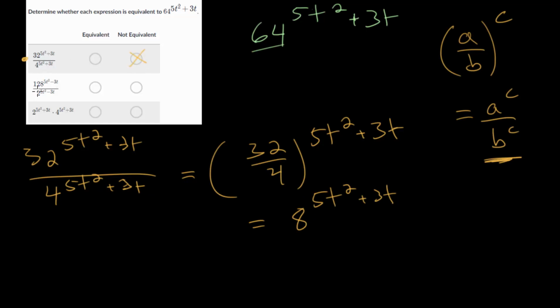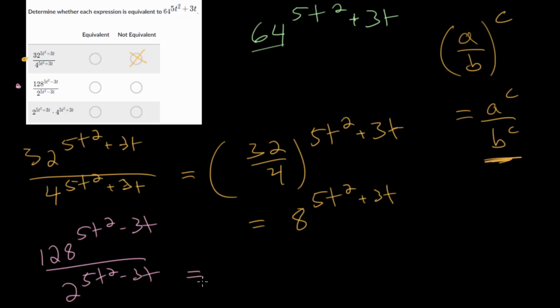Now let's move to the second one. And in our second one, we'll use a different color again. So in that one, we have 128 to the 5t squared minus 3t over 2 to the 5t squared minus 3t. And we're going to apply this same rule, essentially the exact same logic for this one.